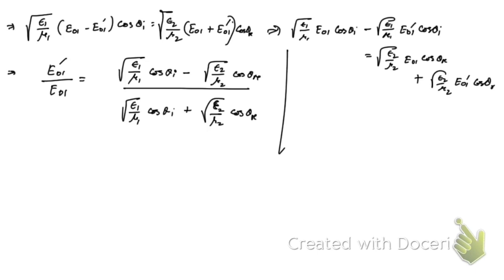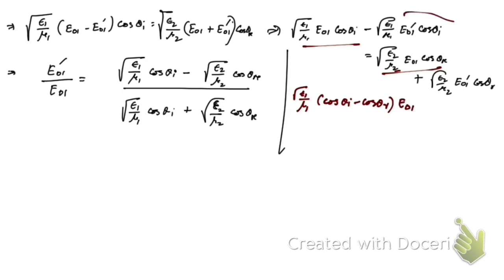Now you can see clearly what we can do here. This one and this term, if you bring this one to this side, then you're going to have root over epsilon 1 mu 1 taken common, then within the bracket you're going to have cos theta I minus cos theta r, then this E01 is taken common.